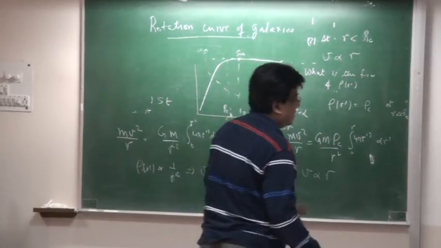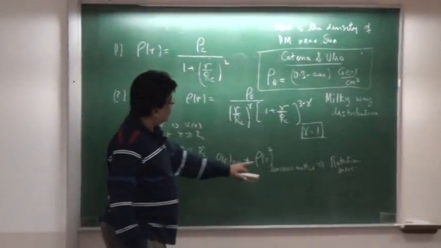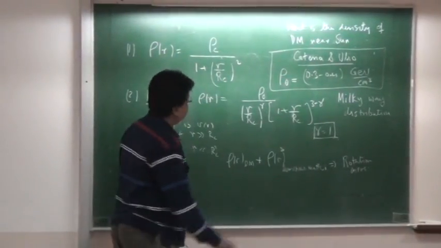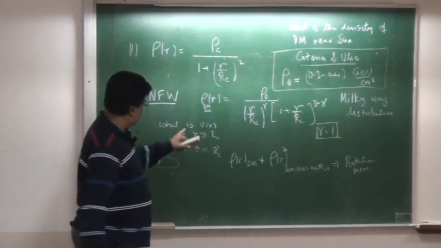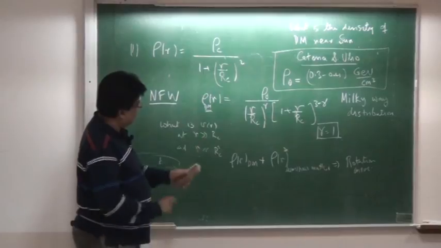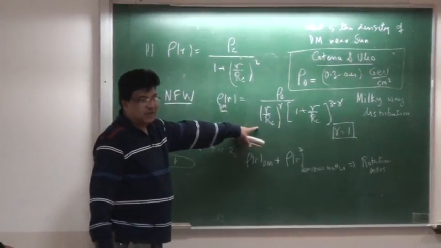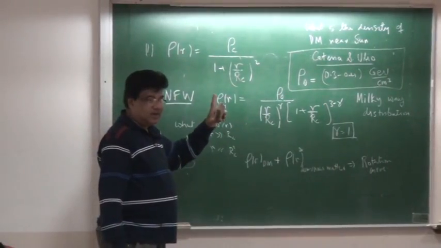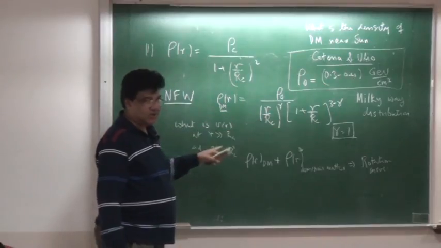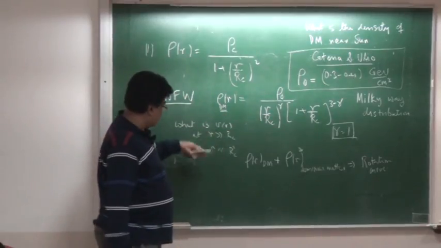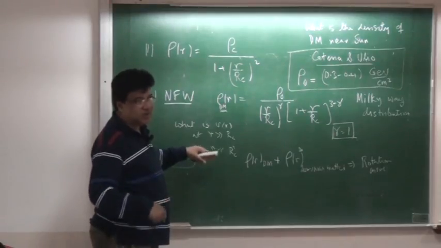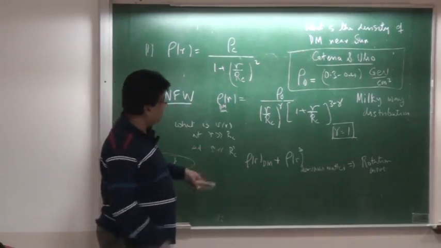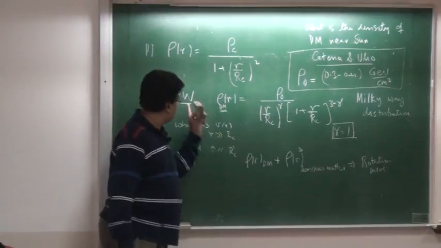So I should actually write: rho DM plus rho luminous gives you the rotation. If this was just the one thing, you will not get a linear relation here and r equal to constant there. This exercise tells you that including the luminous matter is also important. And so that was the contribution of this analysis.